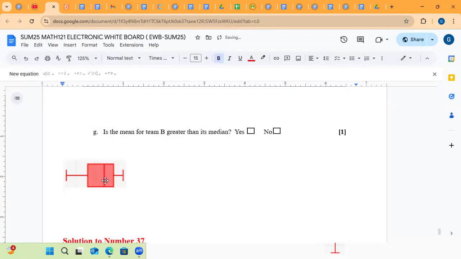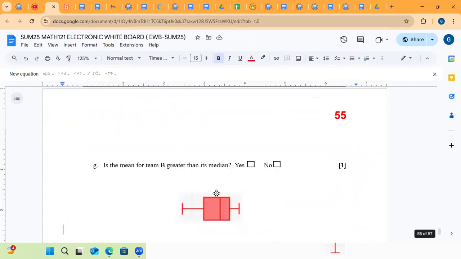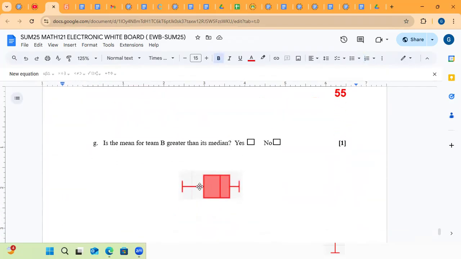So skewness towards the left implies that the mean will be on the left side because the mean follows the skewness. Skewed towards the right, the mean is on the right. So it will be higher than the median. Skewed towards the left, the mean is on the left side of the median. So the mean will be smaller than its median.